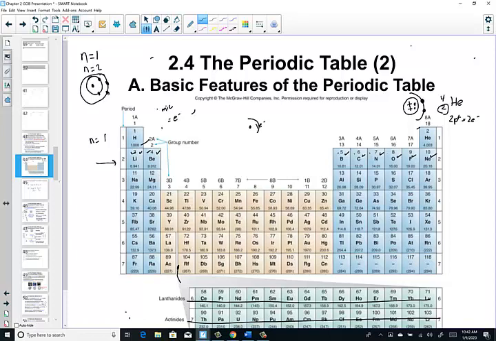So when I add a next electron, that's lithium. Add a next electron, that's beryllium. Add a next electron for boron. Add a next electron for carbon. One more for nitrogen, one more for oxygen, one more for fluorine, one more for neon. And by the time we've added the electron arrangement for row 2, we have said that there are 8 electrons maximum in that second energy level.